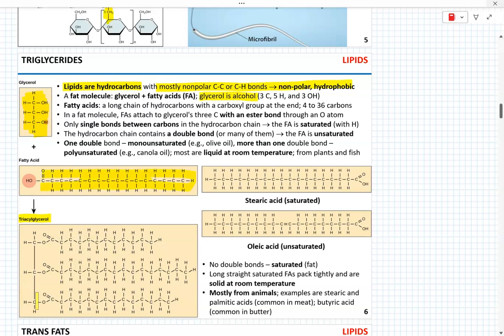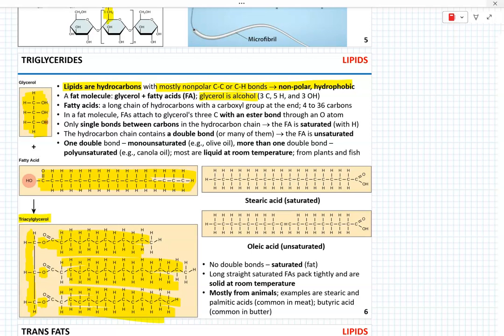This is the typical fatty acid, and on this illustration you can see 3 different fatty acid molecules forming ester bonds with the glycerol residue. The length of the fatty acid chain in triglycerides or triacylglycerols can vary from 4 to 36 carbons.